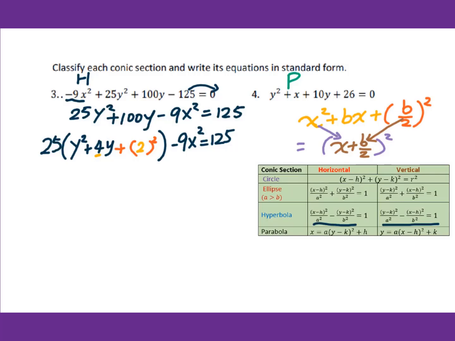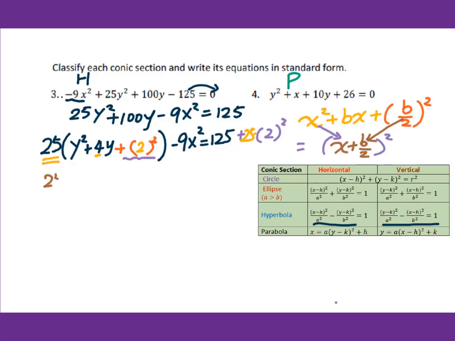Since I add b over 2 squared on the left side of this equation, I need to add b over 2 squared on the right side. But we do have a factor before this 2 squared. Therefore, don't forget, here you have to do 25 times 2 squared.